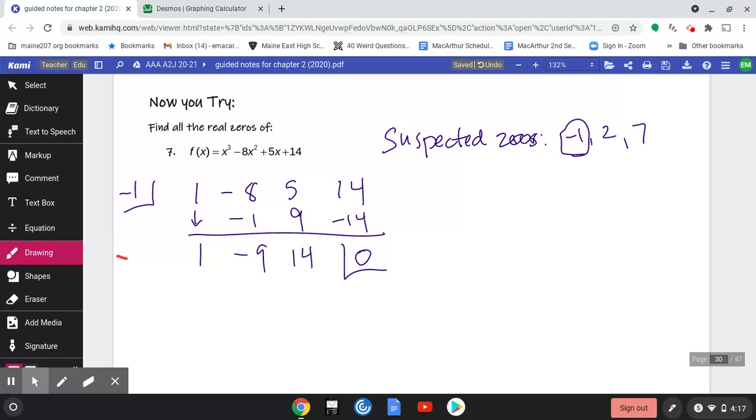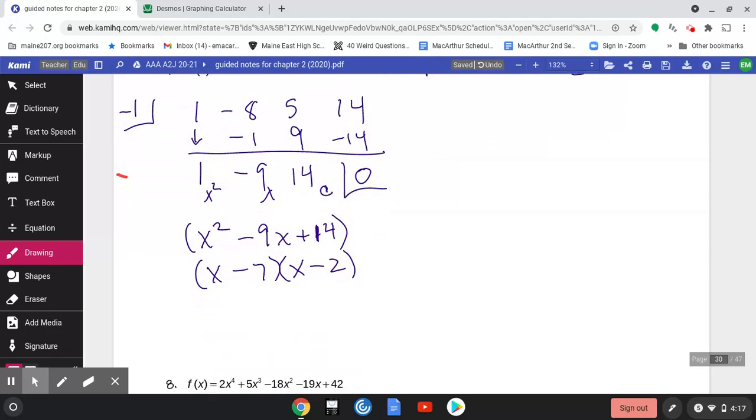But now we have a quadratic. That's your constant, your x and your x squared. So if this is easier to you, you can change this to the quadratic right there, and then factor it, and you get x minus 7 times x minus 2. And both of those you would solve, you get x minus 7 equals 0 and x minus 2 equals 0.